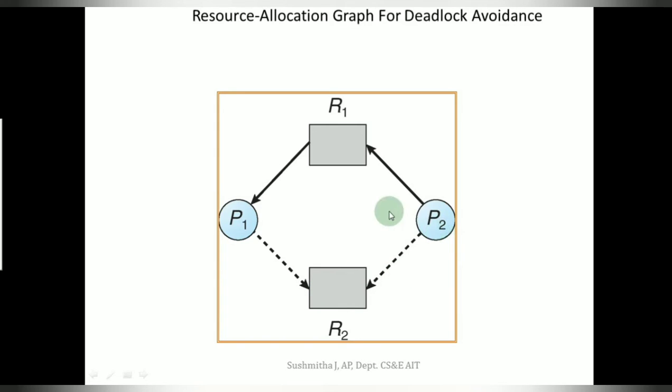Process P2 is requesting R1 and is also claiming R2. Now, if we satisfy the request, if this claim edge is converted into a request edge, is it leading to a cycle?